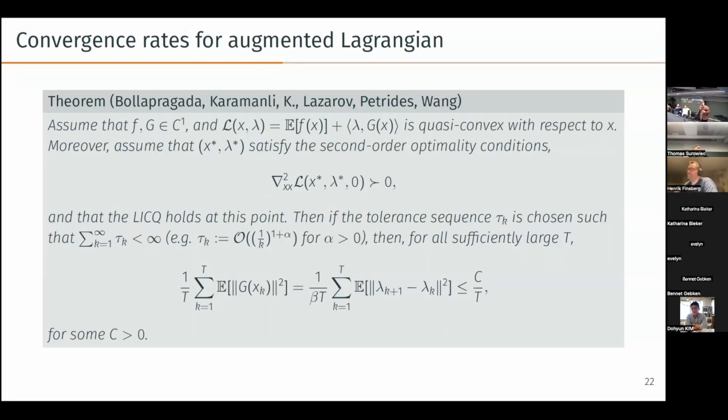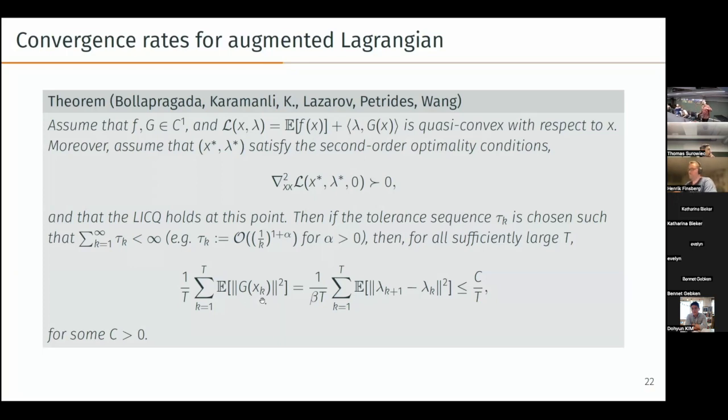It's not the strongest result we think is possible, but we're also somewhat convinced that it's probably the strongest result that we can get out of a proximal point-based analysis. And maybe a new analysis would be necessary to get something stronger than this. So what we show is that under appropriate assumptions, regularity of Lagrangian, then we get sublinear convergence in expectation of the feasibility error.